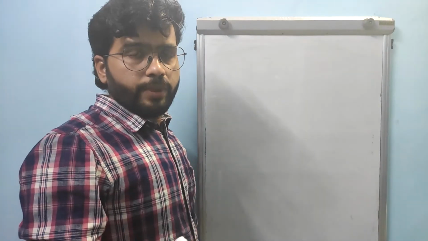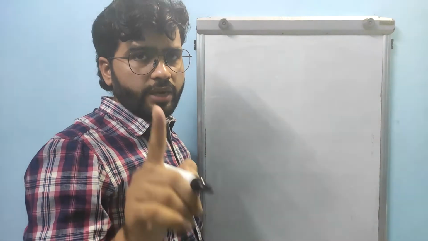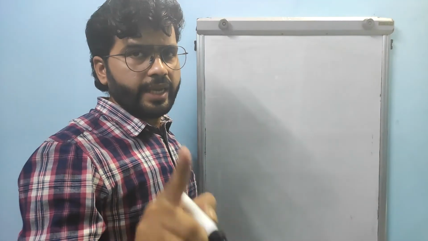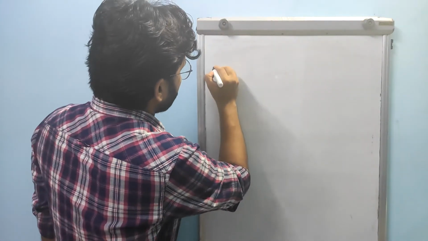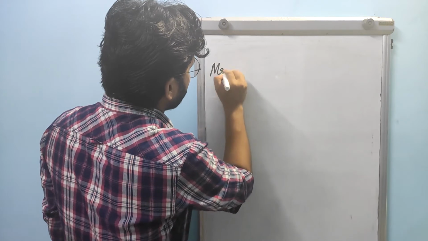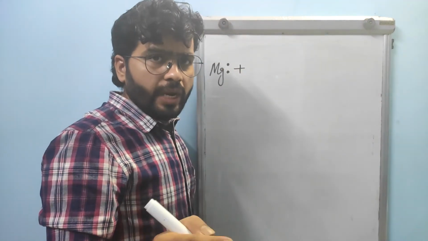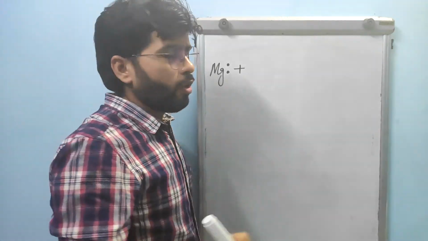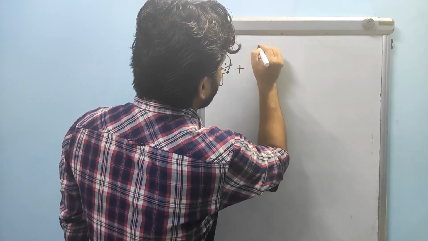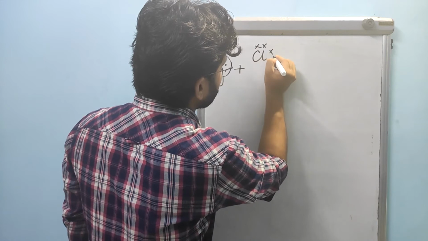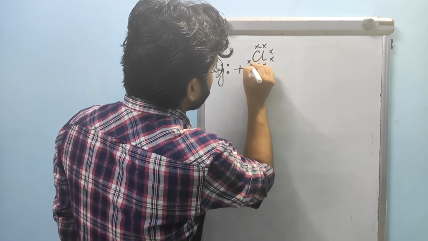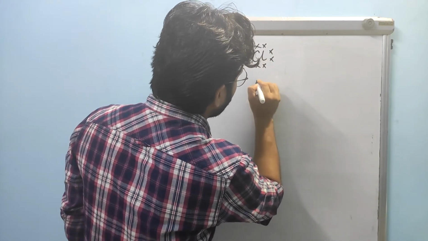We will represent the third step, and will show the electron dot structure of magnesium and chlorine. Magnesium with 2 dots. For magnesium chloride, 2 chlorine atoms are involved. So one chlorine I will write at the top, and another chlorine I will write just below.